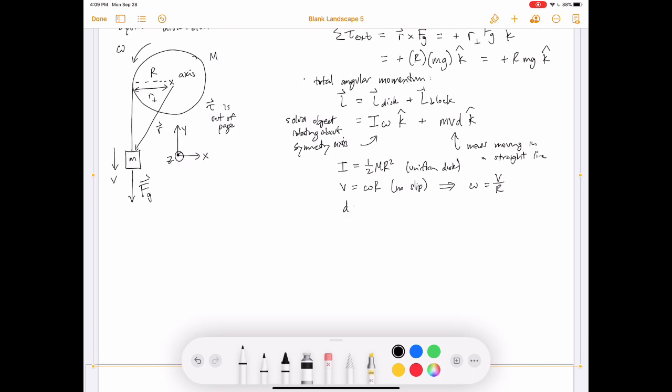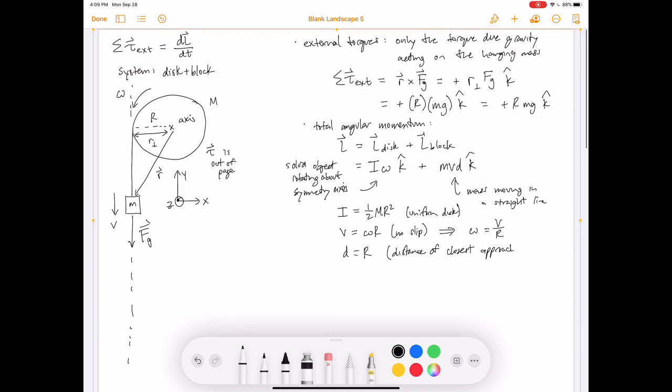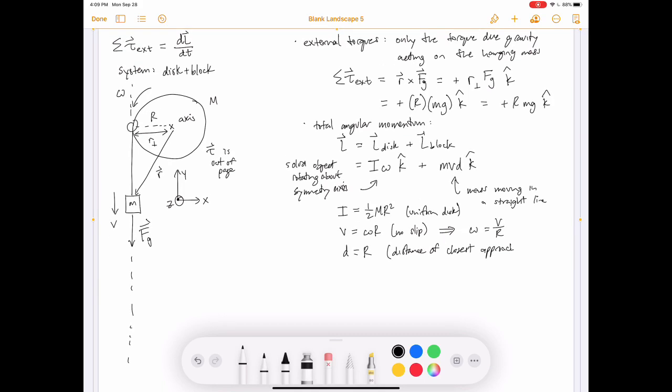Also, d is equal to R. What does that even mean? Remember, d is the distance of closest approach. Okay, so if we think about this hanging block moving in the straight line that it's moving in, the closest it ever gets to the axis of rotation is just the radius of the disk, okay?